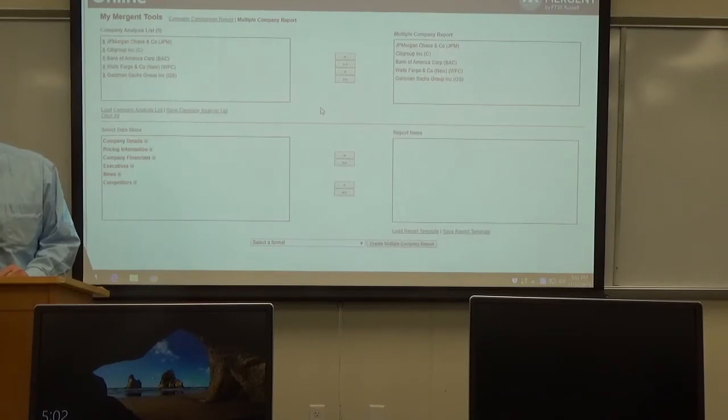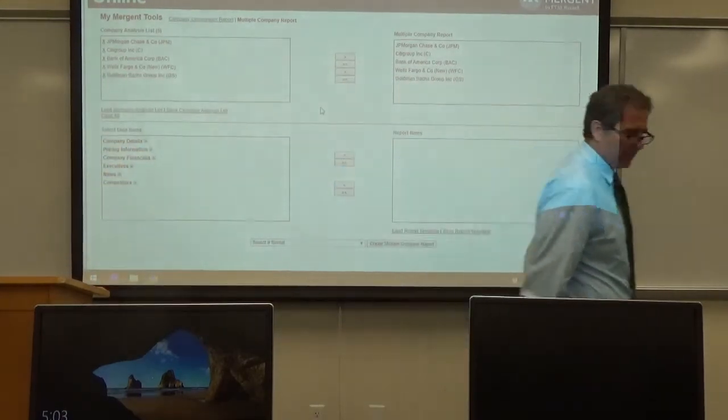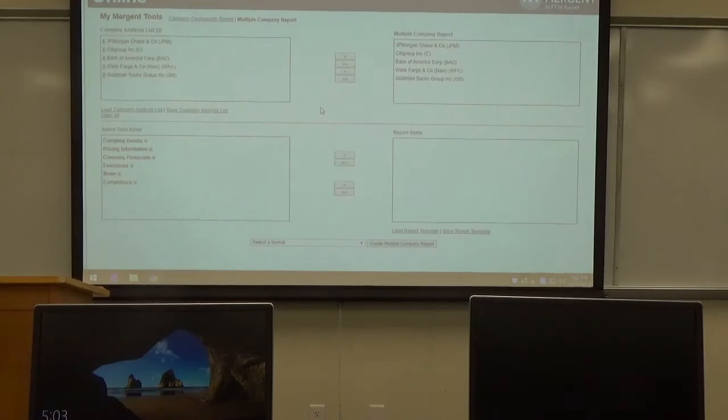The assumption is that you took my 305 class, so you know how to do the intrinsic valuation work, which are these reports. If you want, you can take a look at these, but I'm not making you do them, although I should.